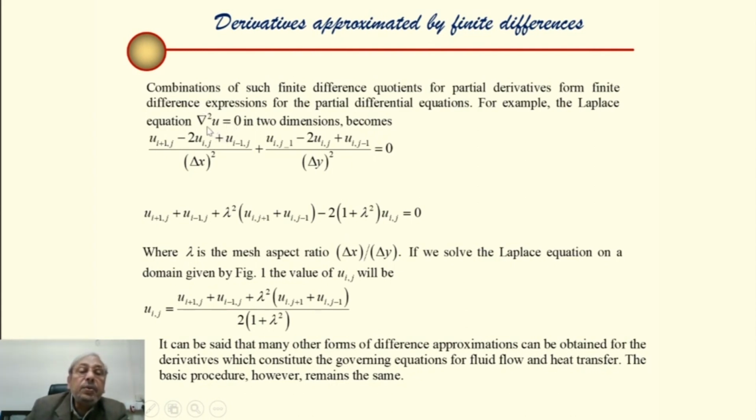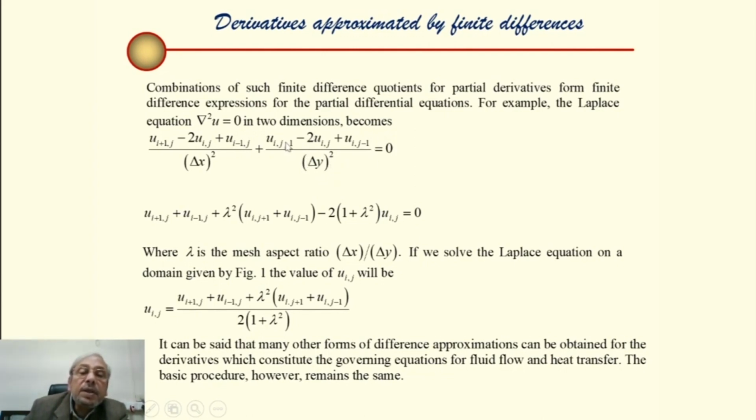Now that means del 2u/del x2 plus del 2u/del y2 equal to 0. So finite difference quotients can be written as u(i+1,j) minus twice u_ij plus u(i-1,j) by delta x square, plus u(i,j+1) minus twice u_ij plus u(i,j-1) by delta y square.